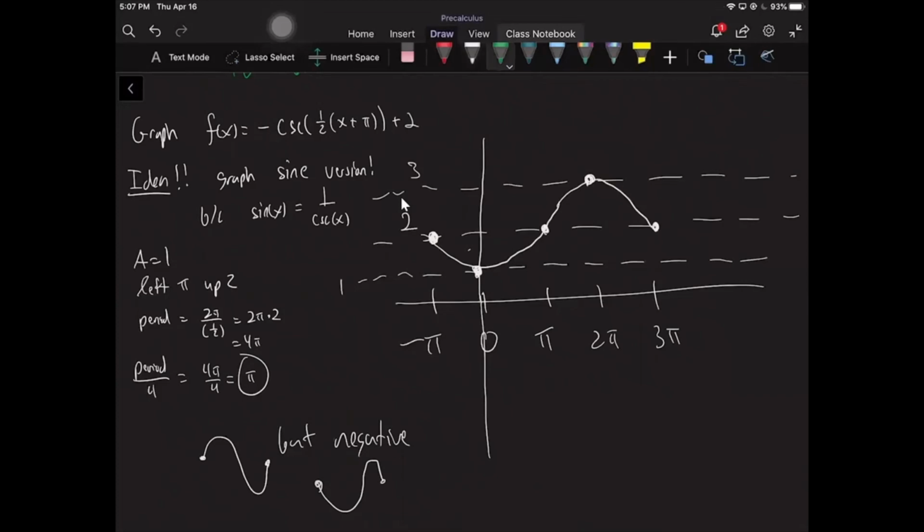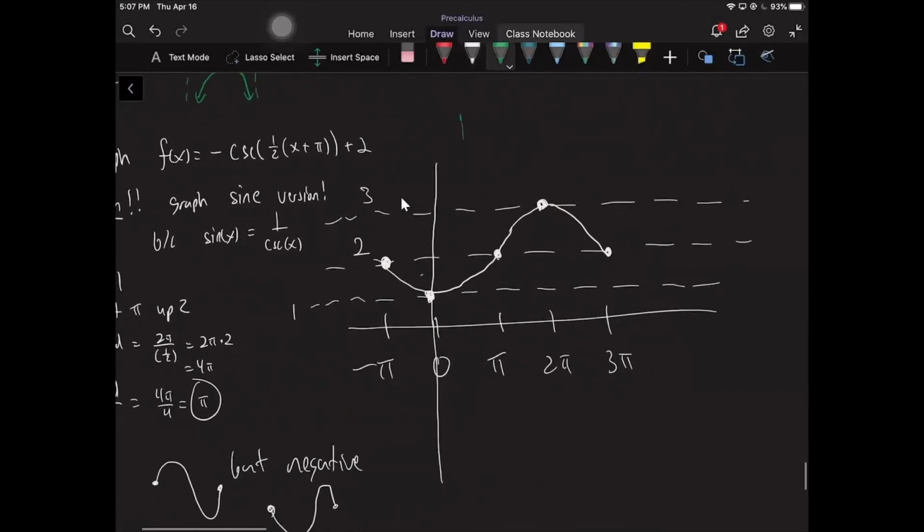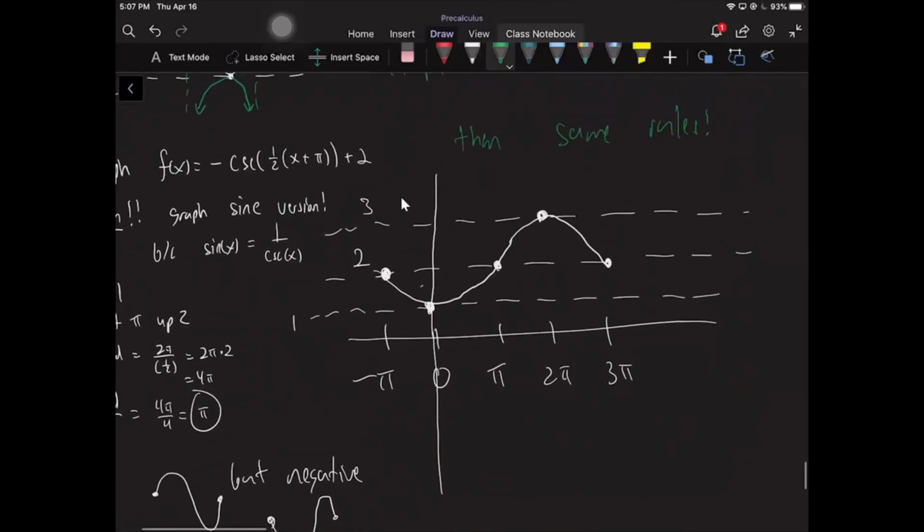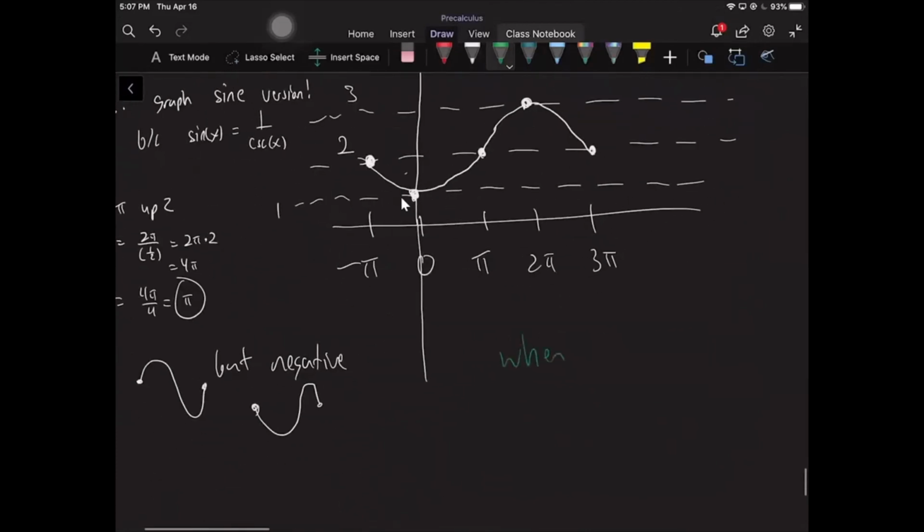And then to do cosecant, same rules. Whenever sine hits the middle, that's when your cosecant is being divided by 0.